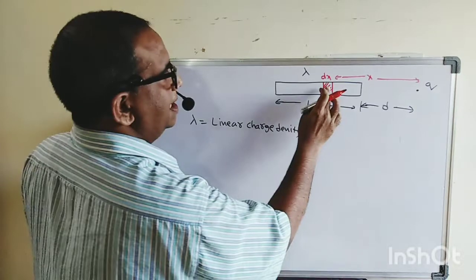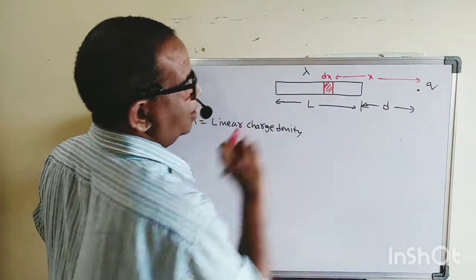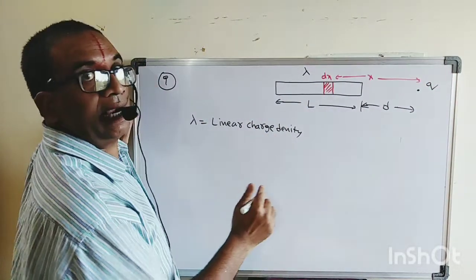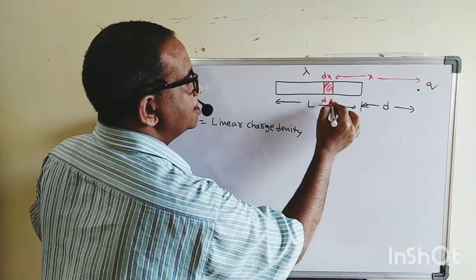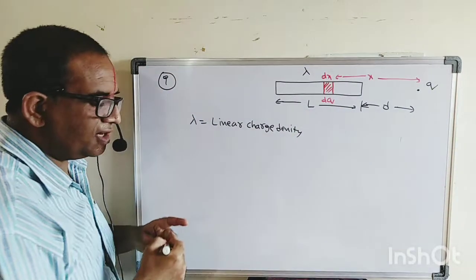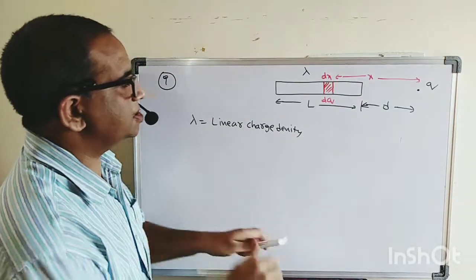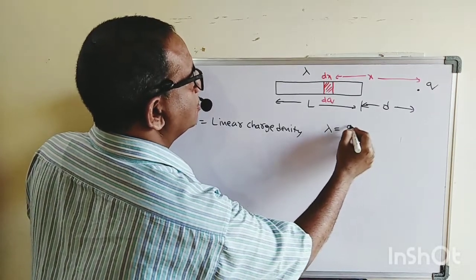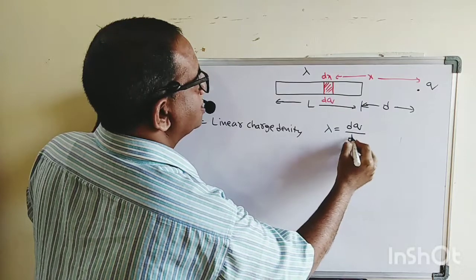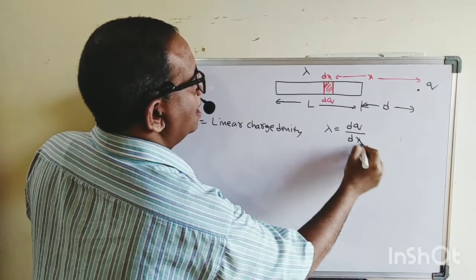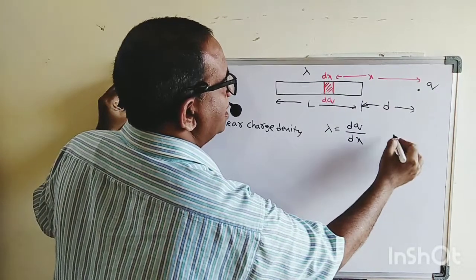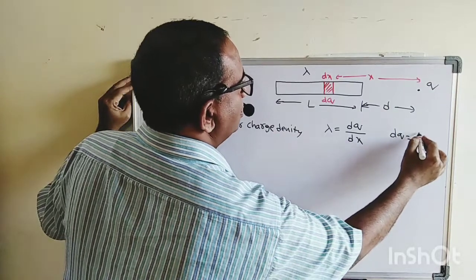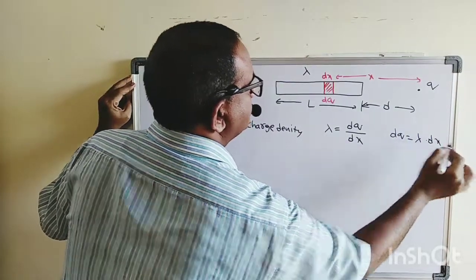Let us say the charge of this strip is dq. Therefore, lambda equals dq by dx, or we can also write dq is equal to lambda into dx.